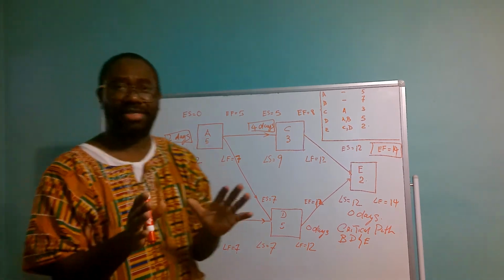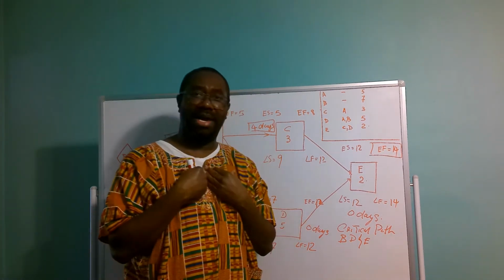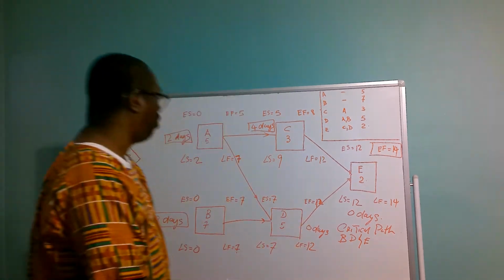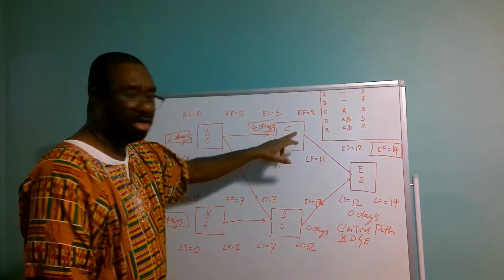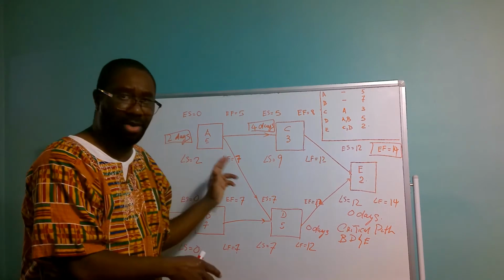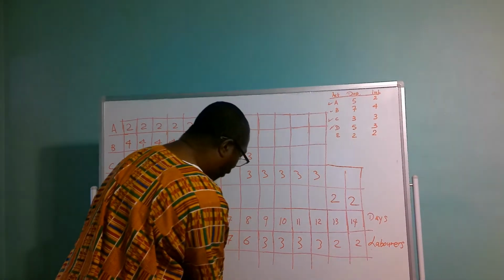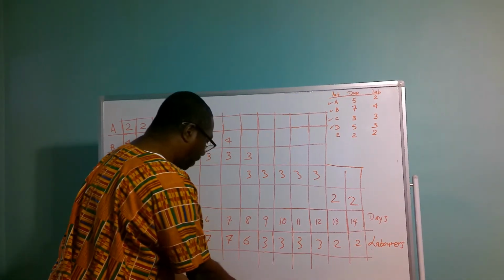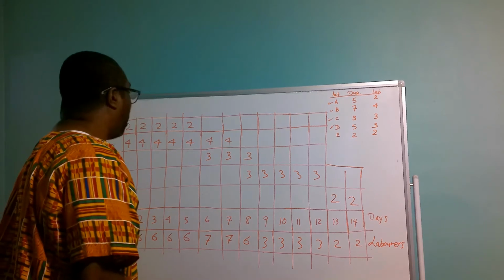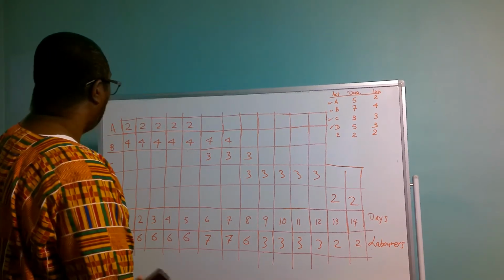That means activity A can lag behind for 2 days before activity C starts. So since he has 2 days to play with for activity A, the contractor can decide to use those 2 floating days.